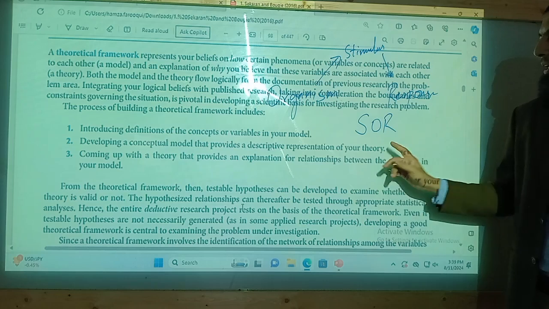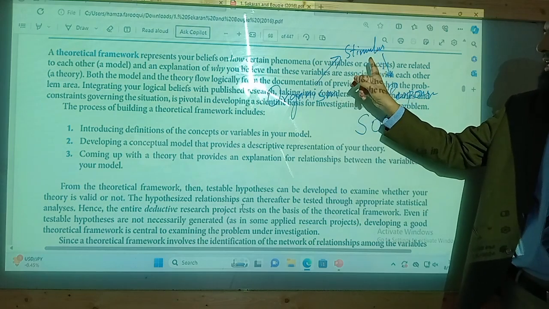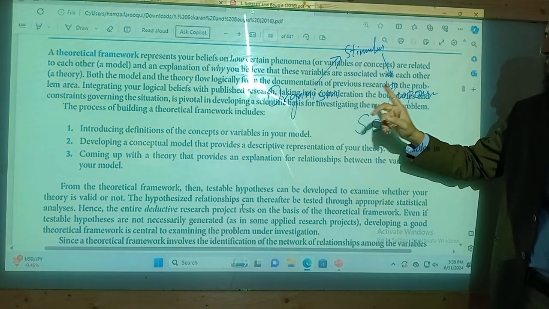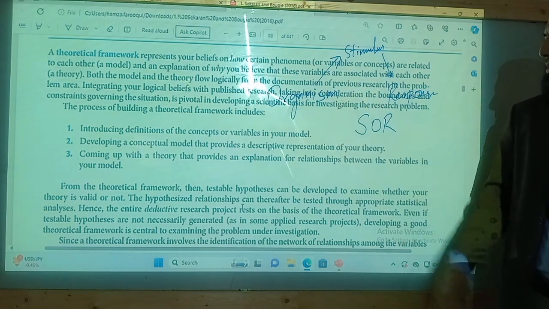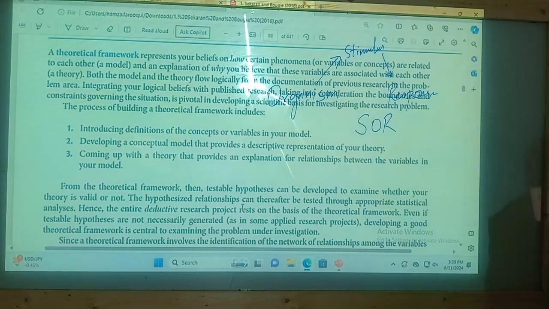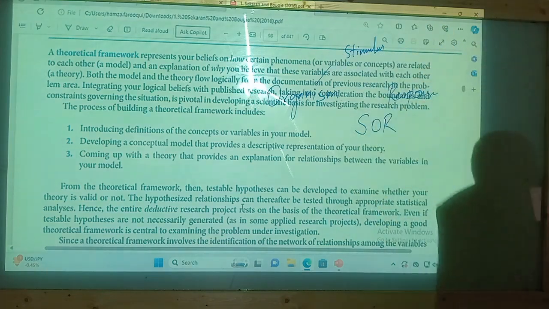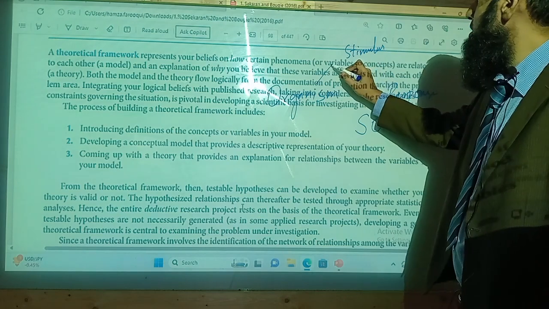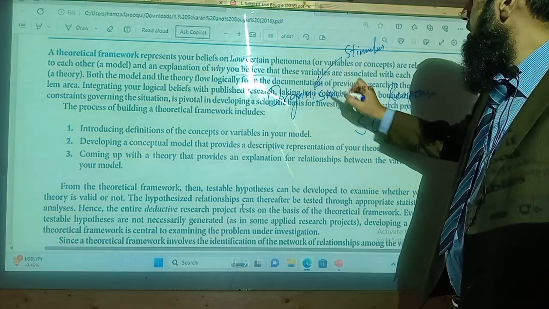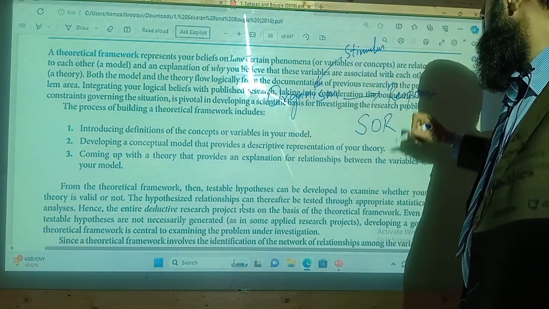The SOR model says there is a stimulus, and then there is a response.